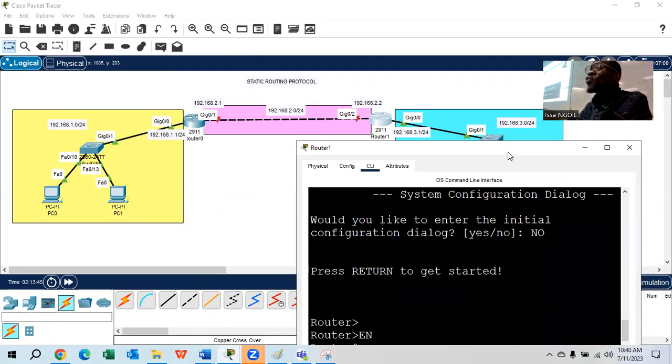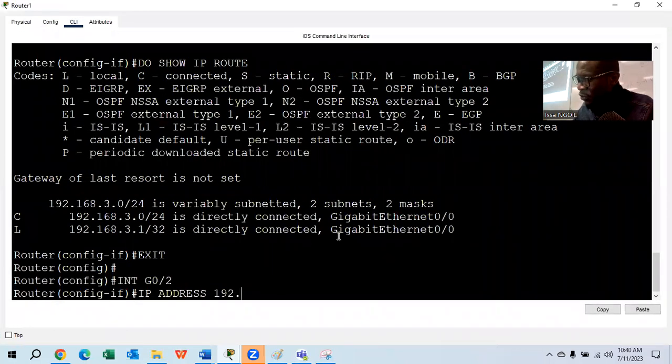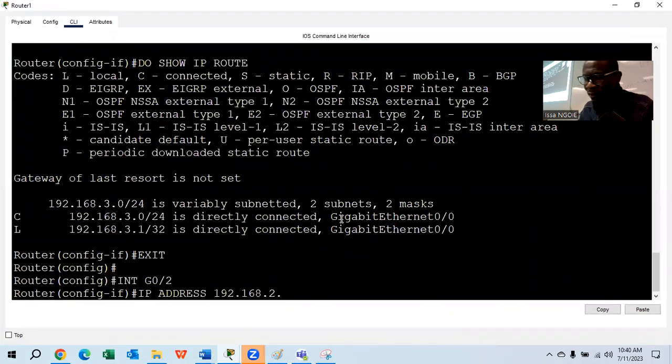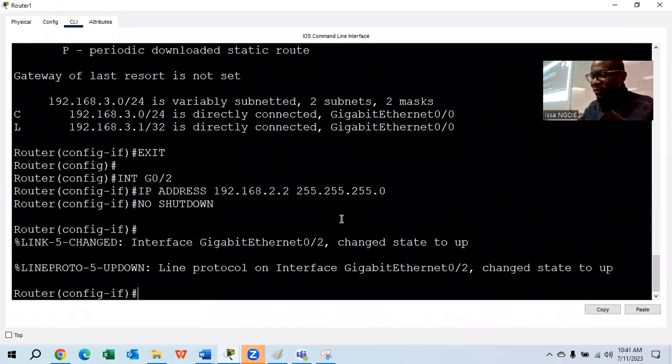We are on .2. IP address 192.168.2.2. Remember, we are here on this one, so we're gonna give it .2.2, 255.255.255.0. And we're gonna say no shutdown.